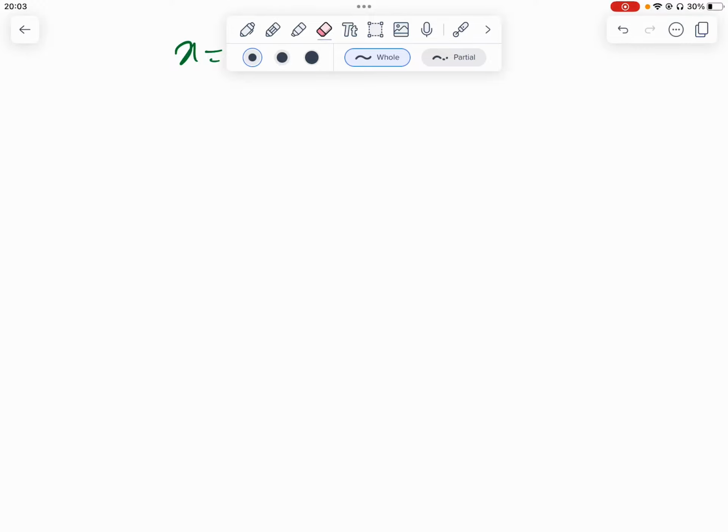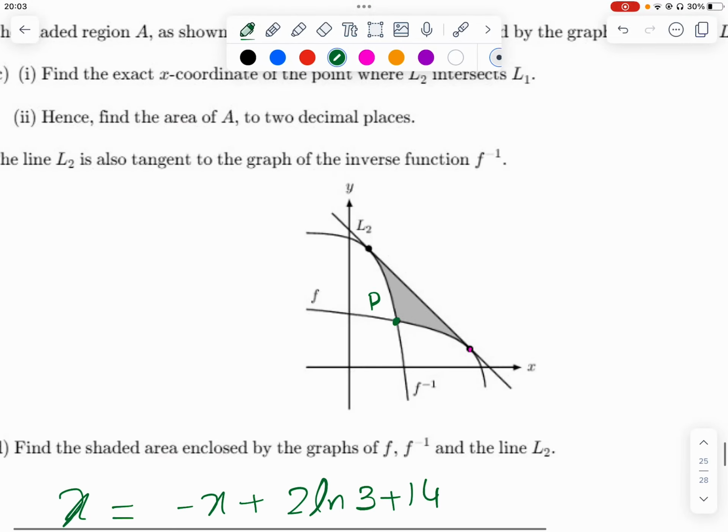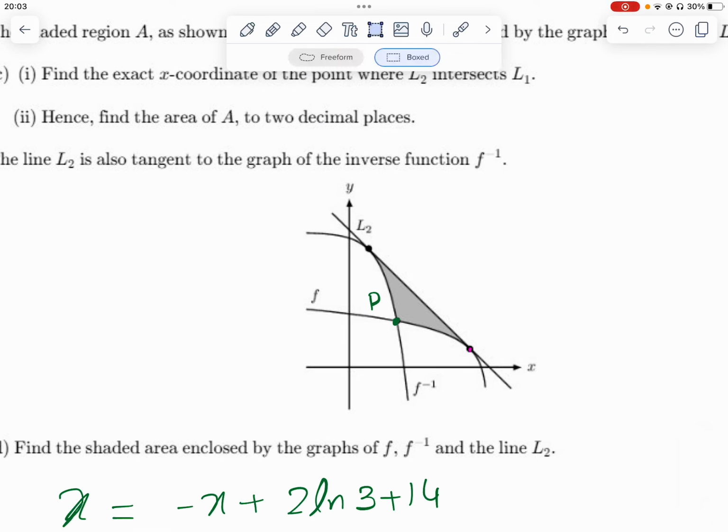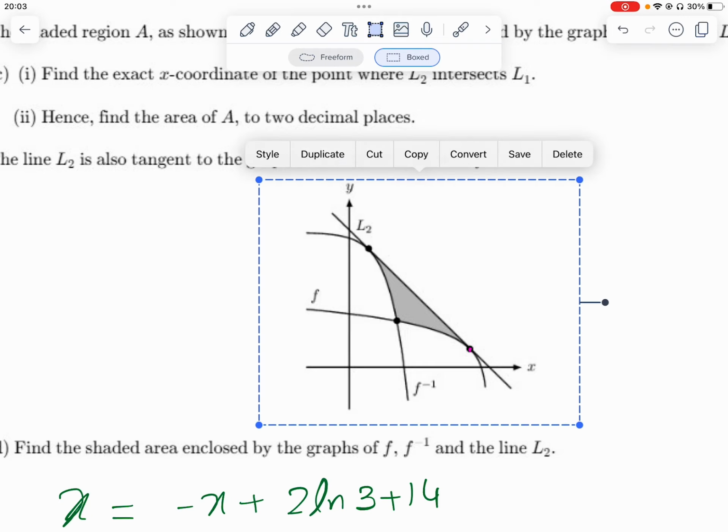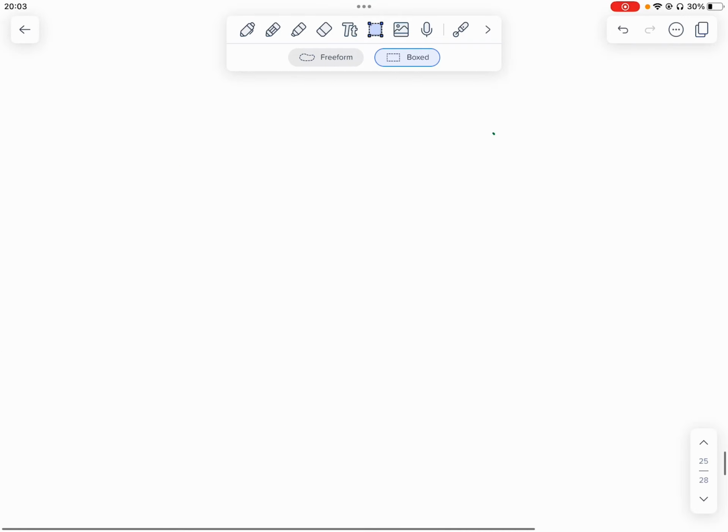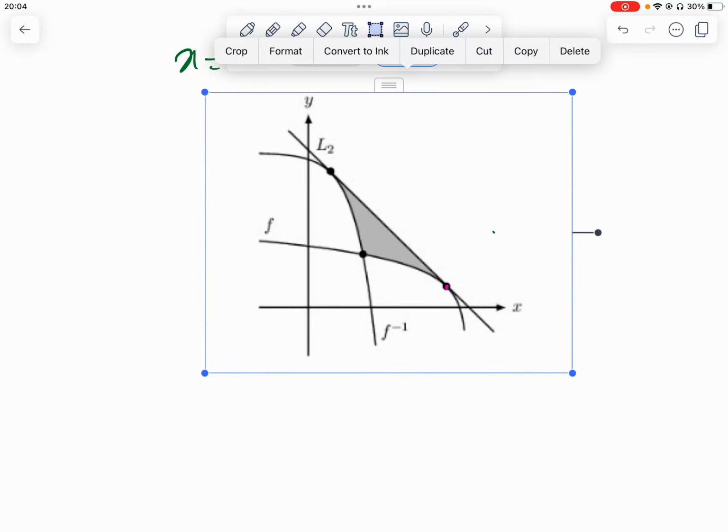If we use the wrong limits, then we'll get a wrong answer. So let me copy it on this graph over here and do it from the very beginning.